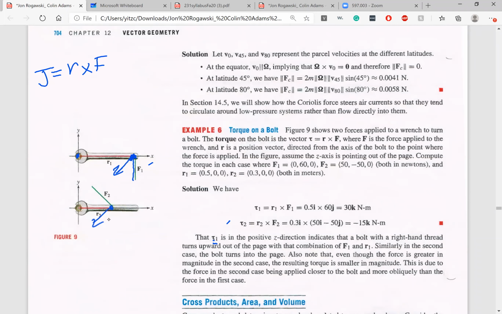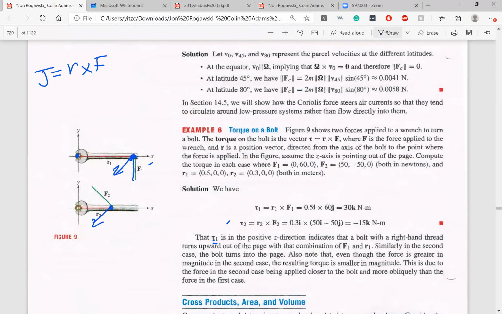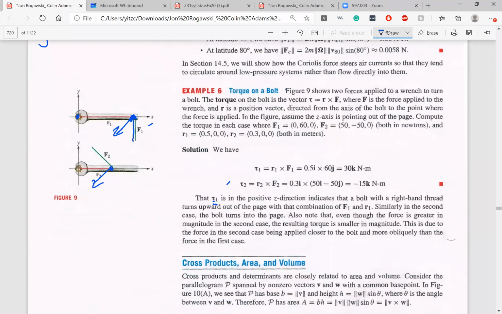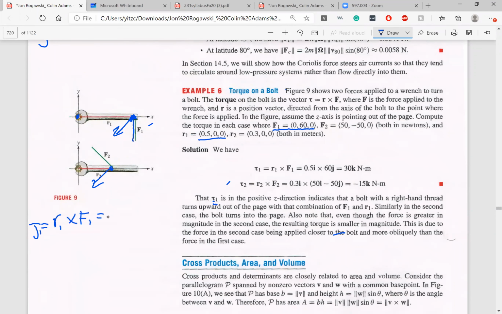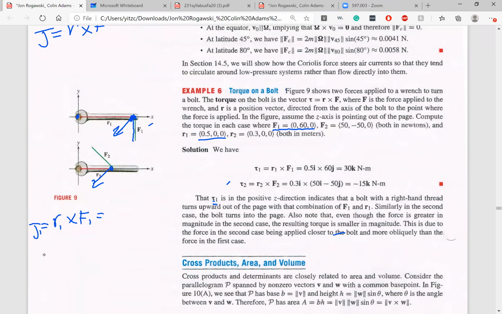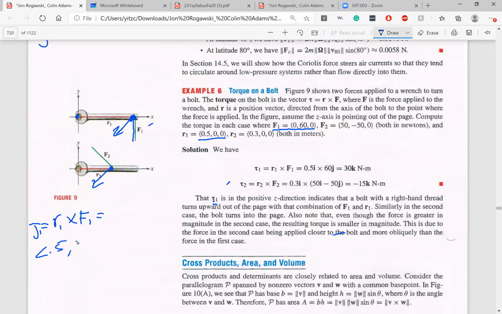And so for their specific example, they want us to find the torque for the following two cases. The first case is for the force being this and for R1 being that. So let's do that. Torque 1 is equal to R1 cross F1. The vector R1 is (0.5, 0, 0), cross the vector F1, which is (0, 60, 0).